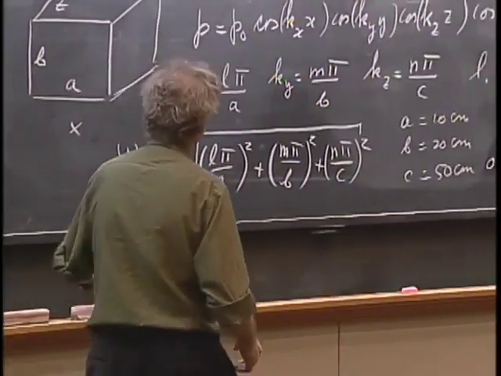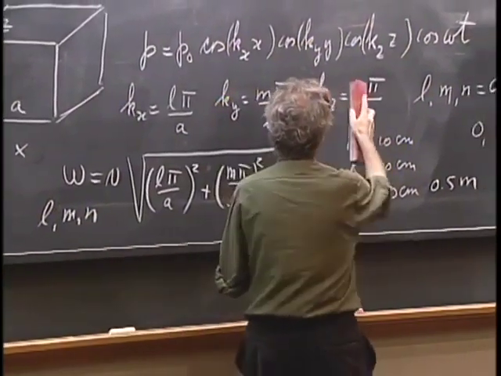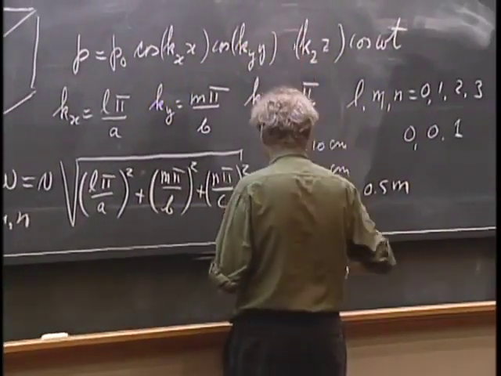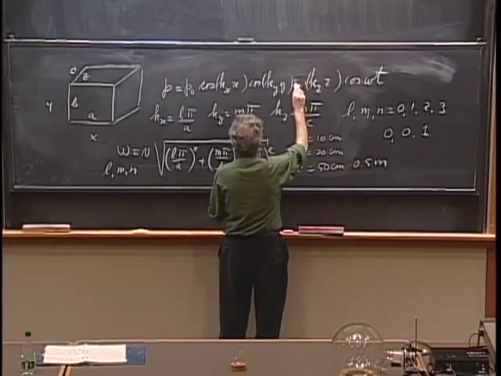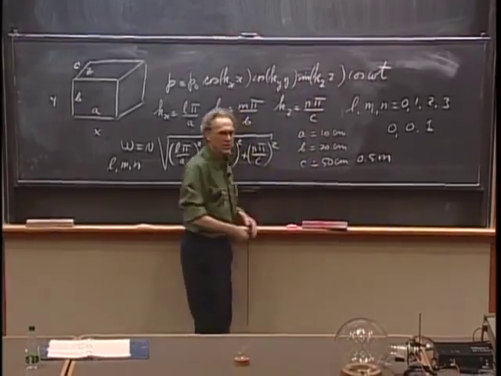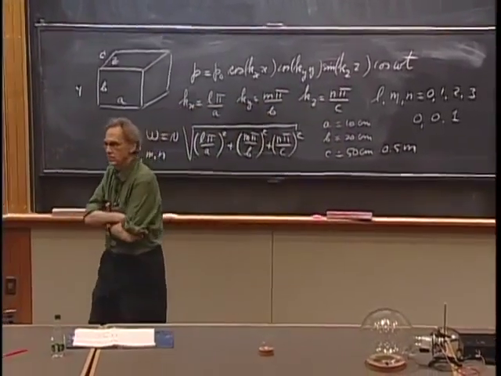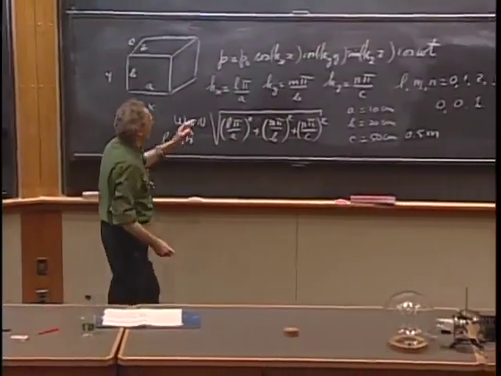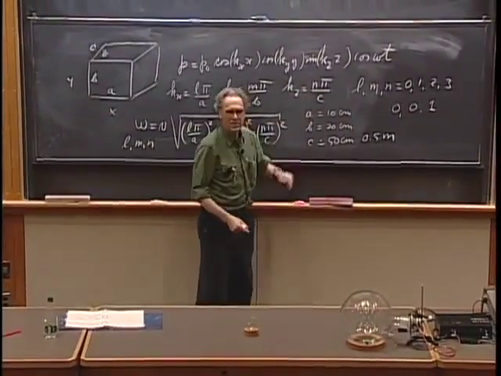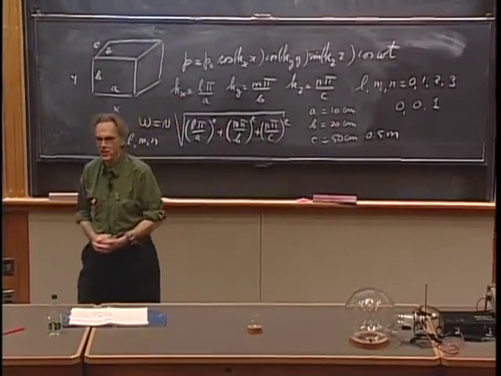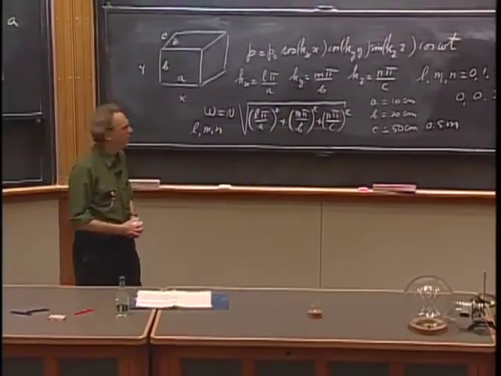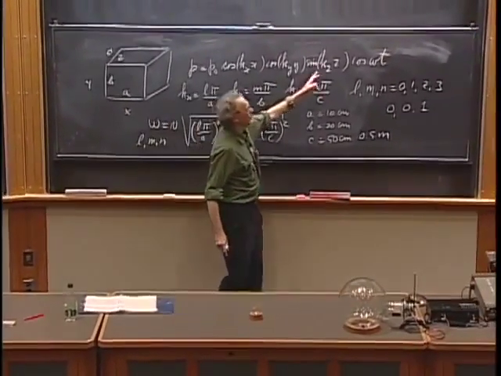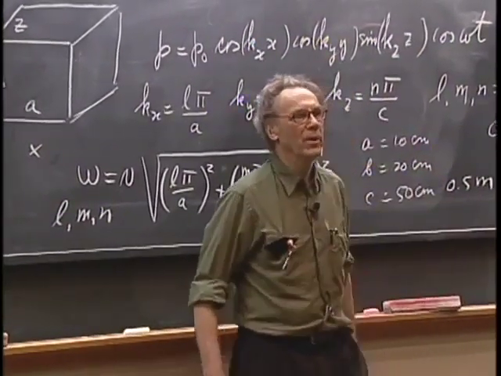Well, that we can easily do. We just change the cosine into a sine. And nothing else changes. Because look, if now I make kz n pi over c, then you will see for any value for n that you choose, this will indeed become a pressure node.